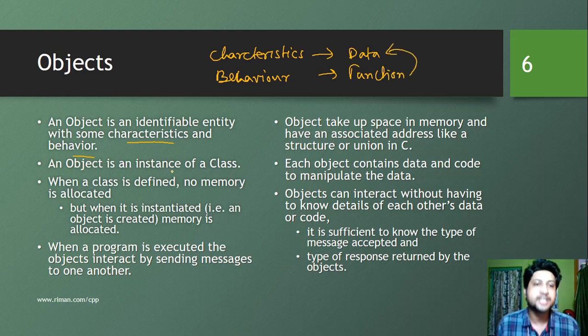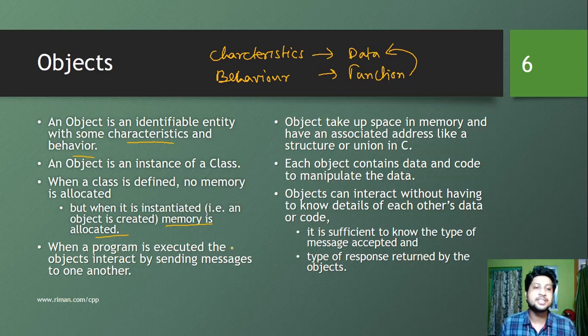An object is called an instance of a class because it is created from a class. So all the objects have to be defined using a class. When a class is defined, no memory is allocated. Whenever we define a class in C++, memory is not allocated for the data, whereas whenever we create an object of that particular class, memory is allocated.